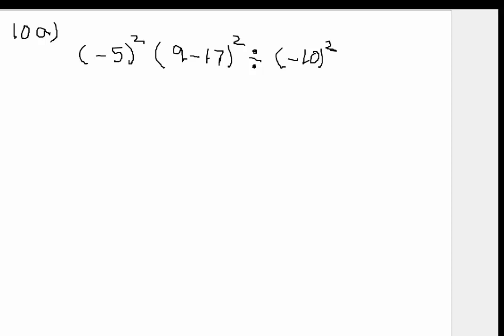Okay, let's go ahead from the top of the list. Matthew, can you tell me what minus 5 squared is equal to? Okay, Donald, what do you think it is? Minus 5 squared.